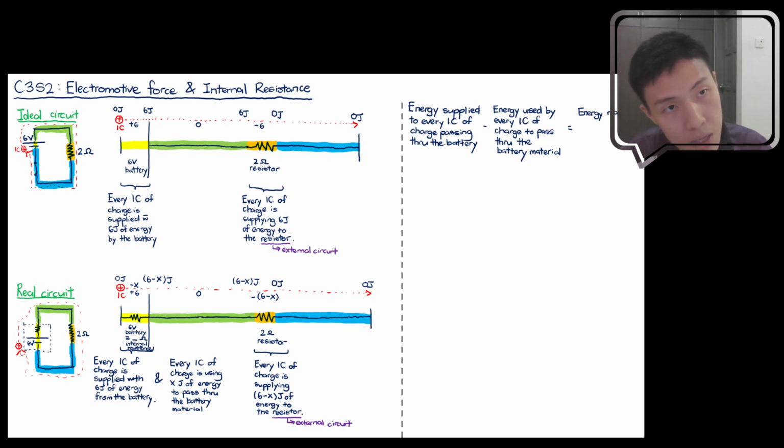Energy made available by every 1 coulomb of charge to the external circuit.